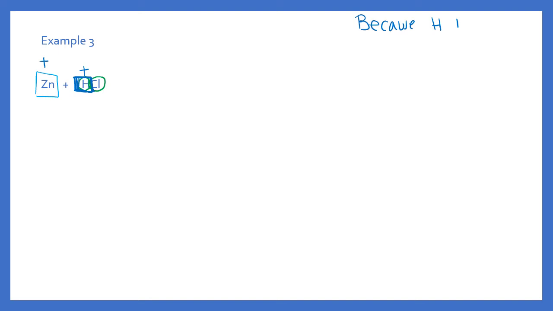All right, so we can write that up here. Because H takes a +1 charge, it is metal acting. Okay, so this means that my hydrogen and my zinc are going to swap places.